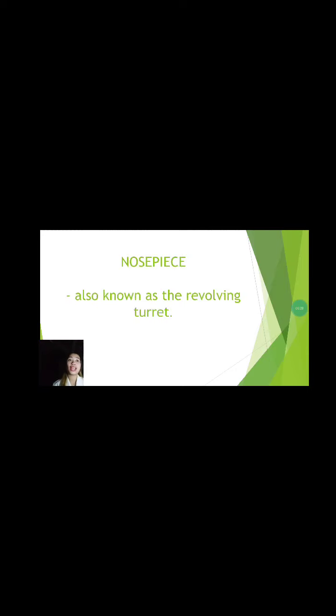It is also known as the revolving turret. Ang nose piece, pwede siya tawgon nga revolving turret. So, this holds the object lenses and attaches them to the microscope head. This part rotates to change which objective lens is active.